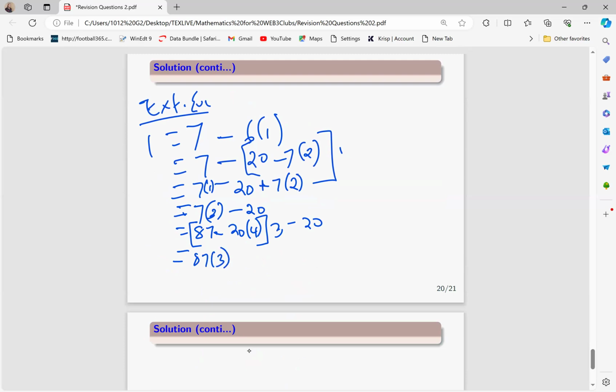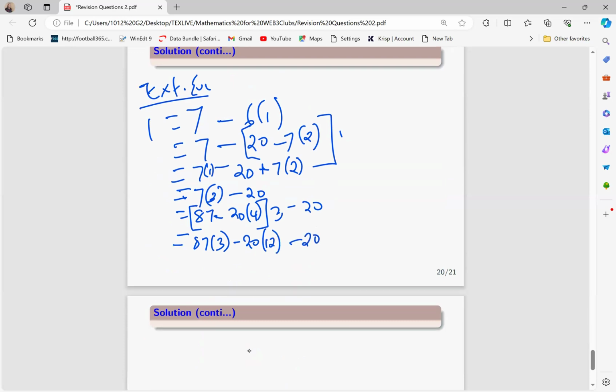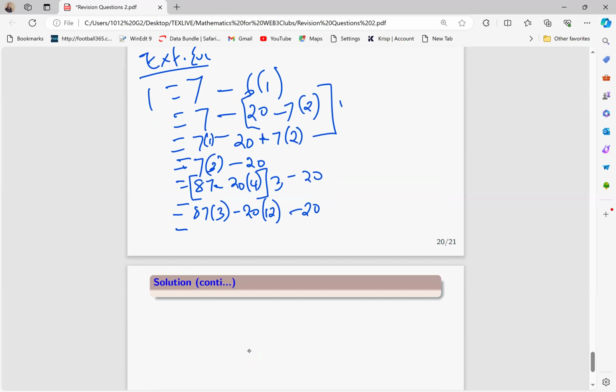Then I have 20, so this comes to 12. Then minus 20. So like terms, 87 to 3. Like terms here, 22 to 13.